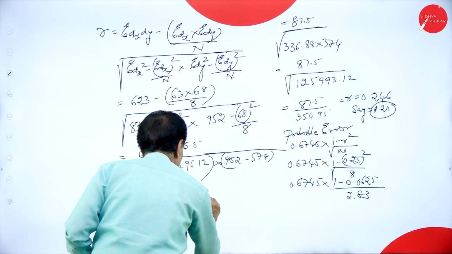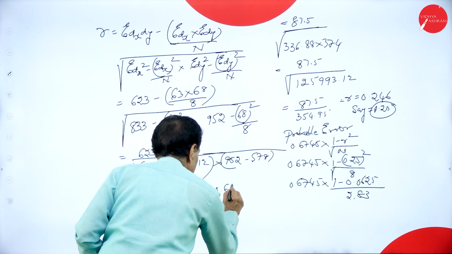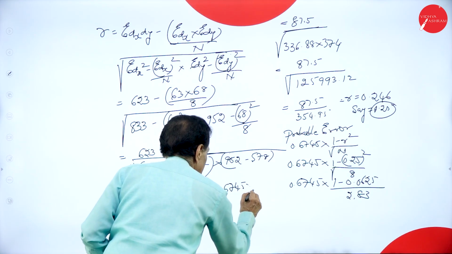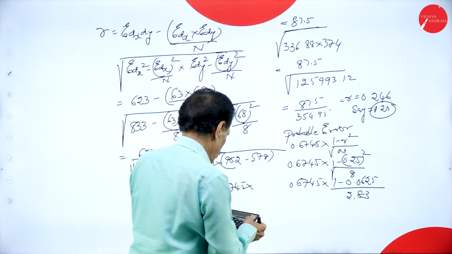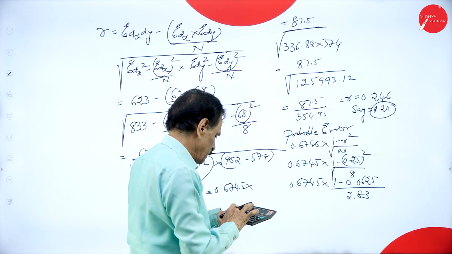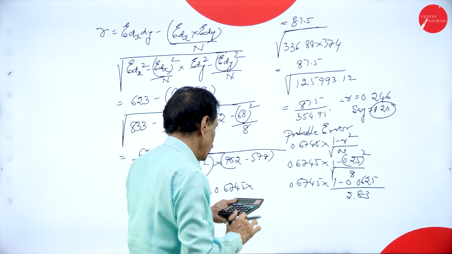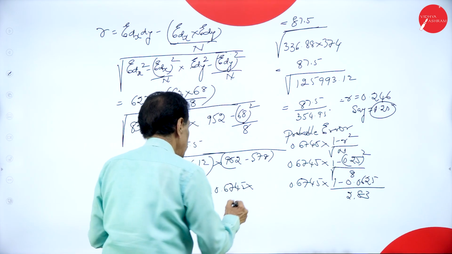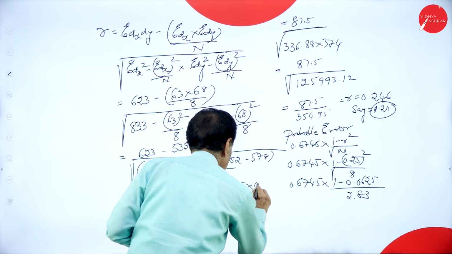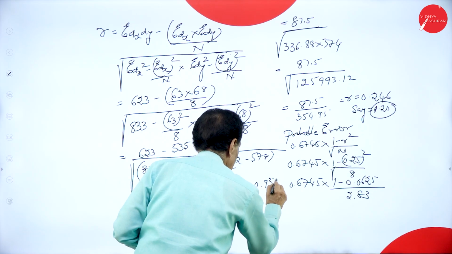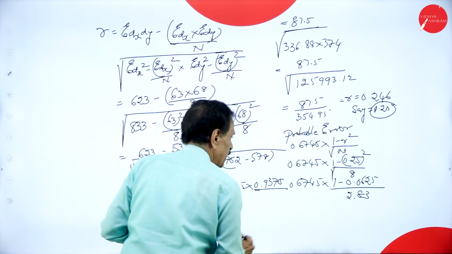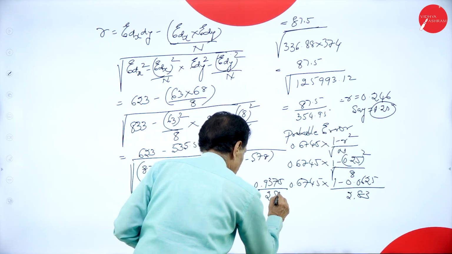Simplify. 0.6745 into 1 minus 0.0625 is equal to 0.9375 divided by 2.83.